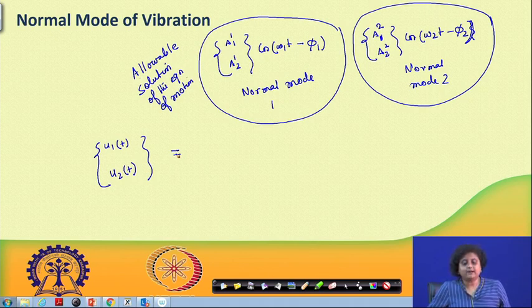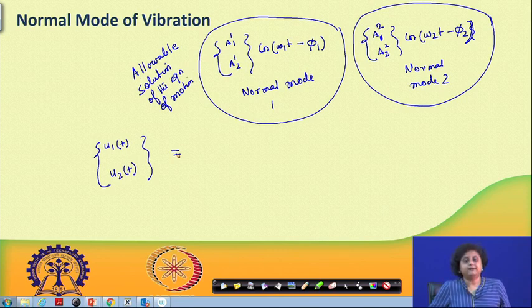So, what we have done so far, we have said that there is a special form of vibration or a special form of response of a system, which we are calling normal mode of vibration. So, what is the definition of normal mode of vibration? Under normal mode of vibration, a system is going to have synchronous motion.